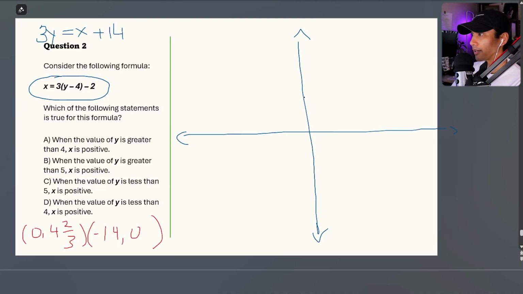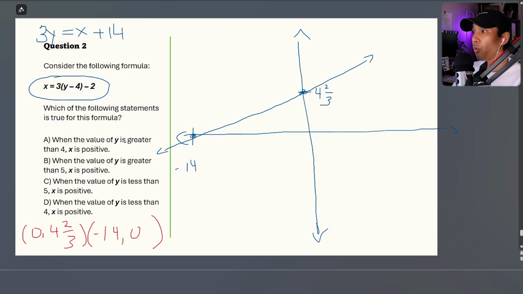I'm going to put it right here and label it 4 2/3. And then we have (-14, 0). I'll just put it over there, label it 14, and then put a line. Boom. Now I'm going to start reading each statement.